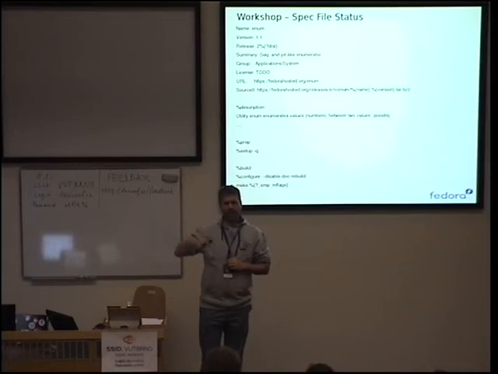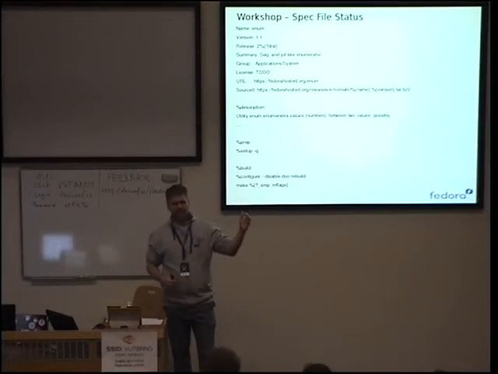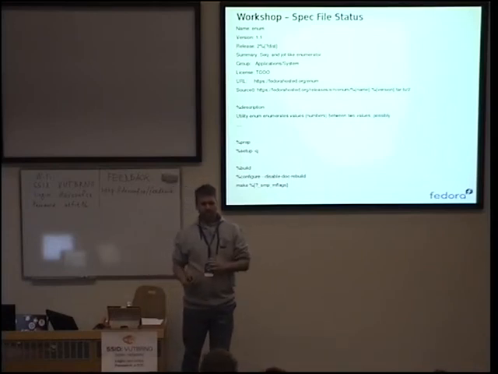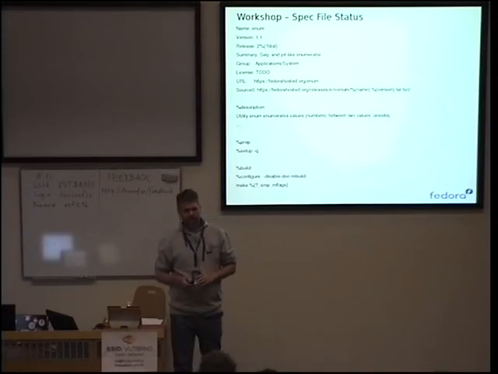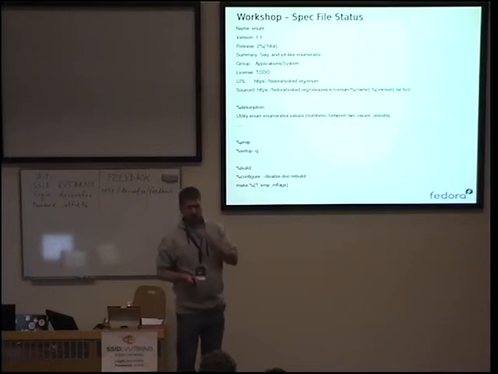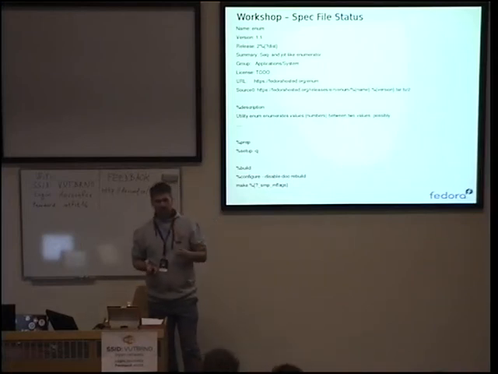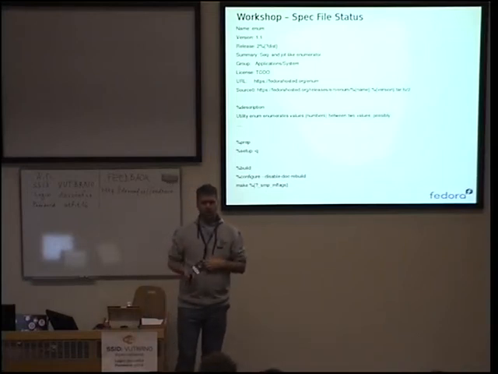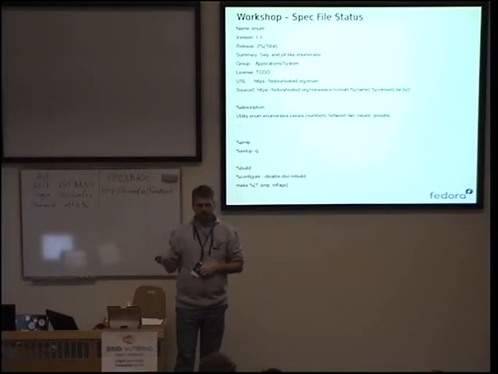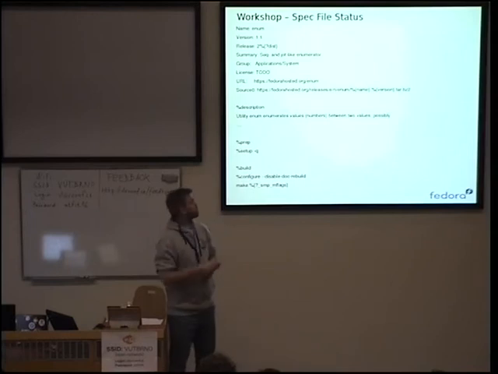If you click on that, there is a whole list of licenses which are allowed in Fedora and which are free, some which are forbidden, and all those licenses have some abbreviation. BSD is easy. The abbreviation for BSD is BSD. But some are not so obvious. So if you find some license which you don't know, check that page and you will find the abbreviation and you will put it into this tag.